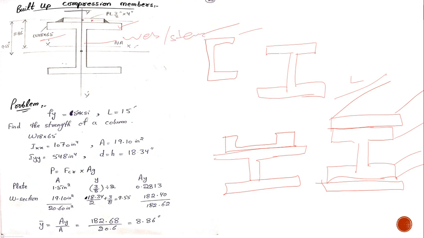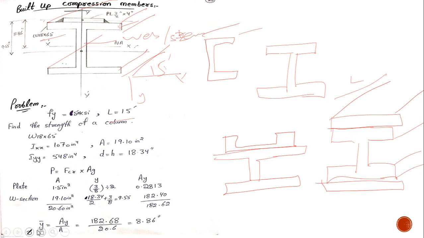This is our plate, and the plate is only attached to the top flange; on the bottom flange there is no plate. So we have to find the capacity of this column. If you draw the isometric view, it would be like this, and the length of the column, which is 15 foot, is in the Z direction. If this is X and this is Y, then this is Z.